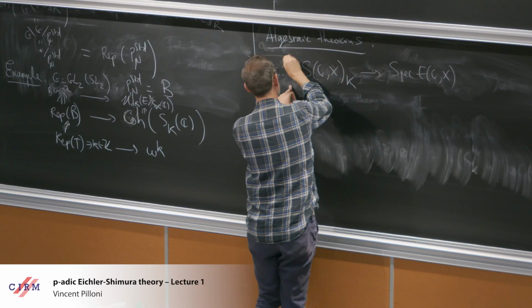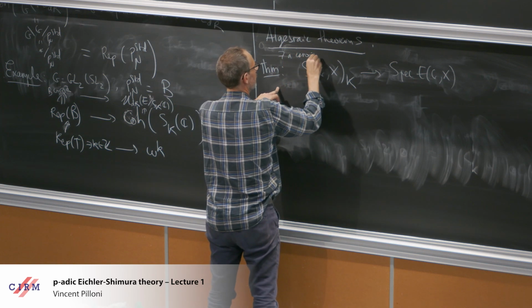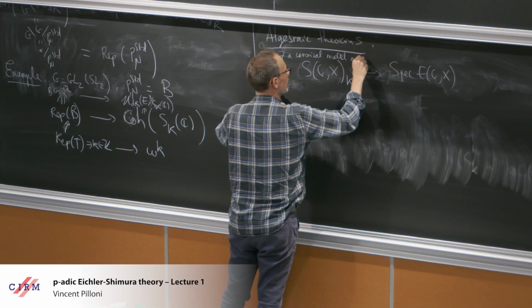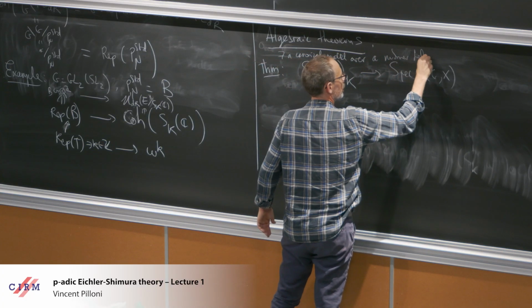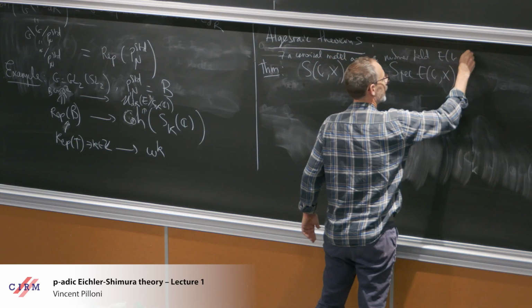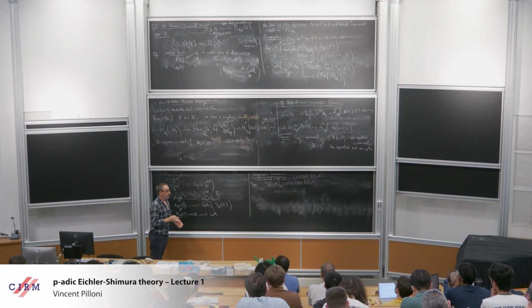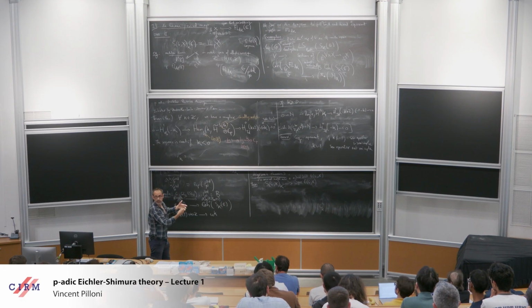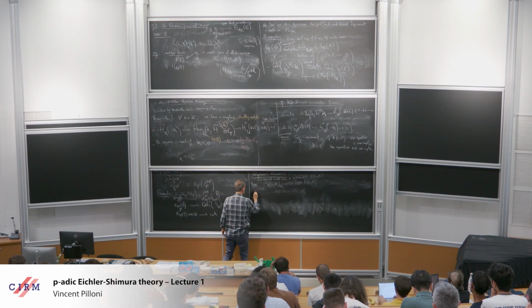So there exists a canonical model over a number field E(G,X). But if we do modular curves, we don't have to really worry about this because we already defined this canonical model as some moduli space. But let me say that this is something quite general.